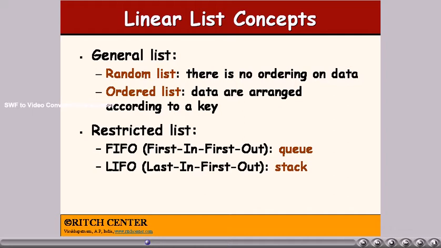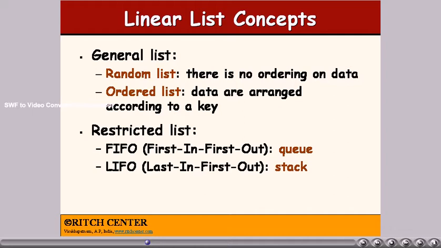Similarly, good examples of restricted lists are queues and stacks. A queue is one in which objects are added at one end and removed at the other end. Whereas in a stack, the objects are added at one end, and from the same end the objects will be removed.